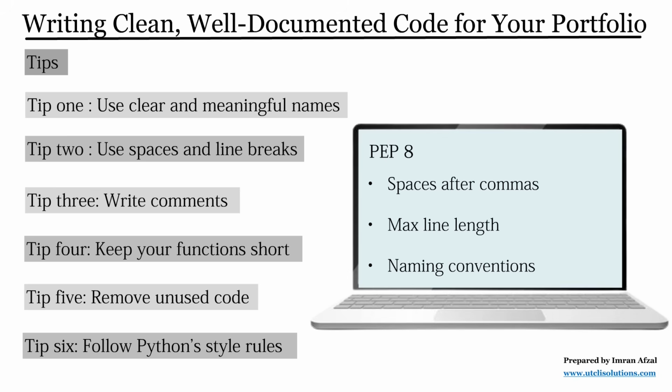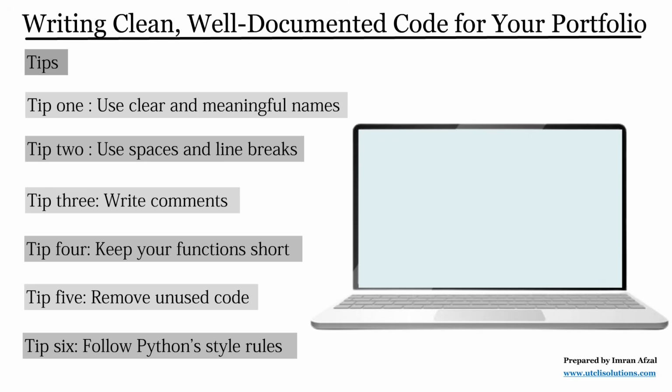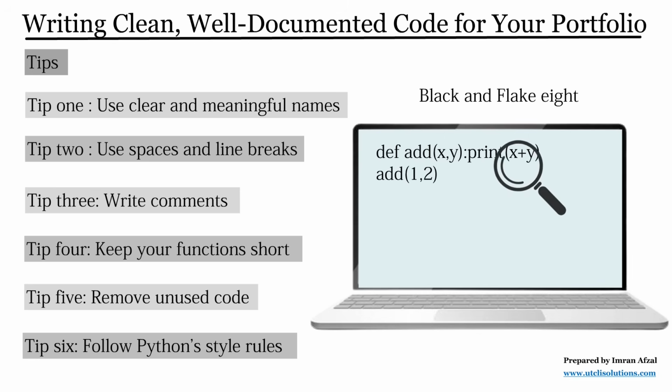If you don't remember it, I would encourage you to go back to the course, to the lecture where we talked about this formatting. There are tools like Black and Flake8 that help you check and fix your code automatically.